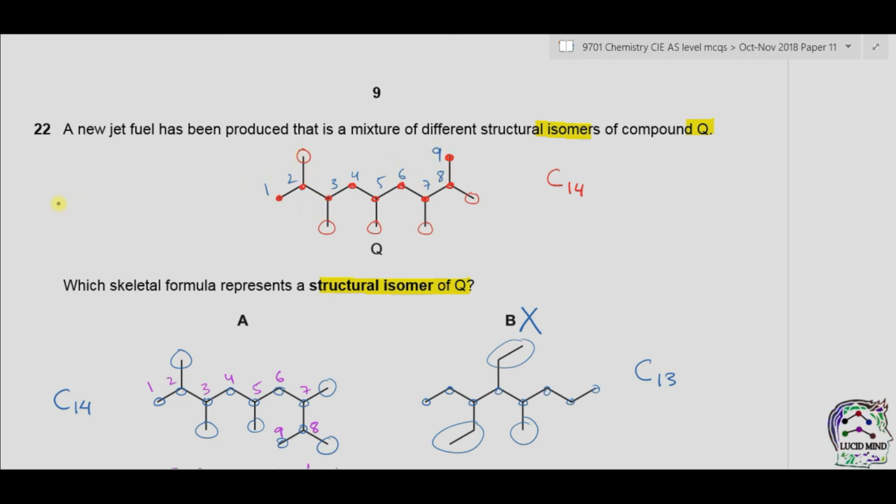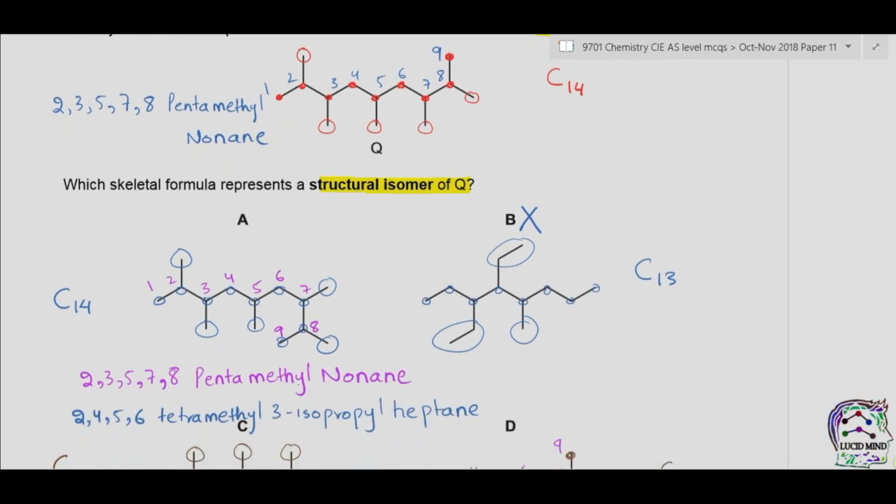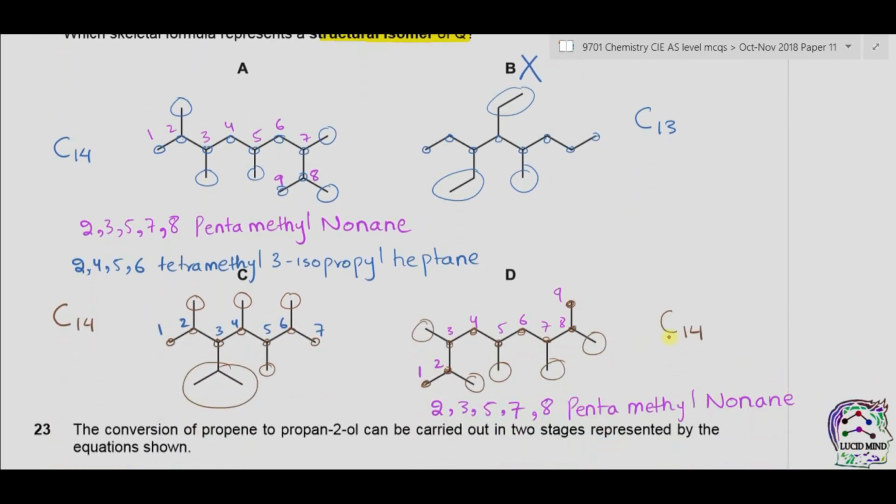On 2nd, 3rd, 5th, 7th and 8th we had 5 methyl groups, pentamethyl, and the long chain was of 9 carbon, so we can write nonane. So as we can see, A is similar to the one given in the question, similarly D is the same, so C is the only one that is an isomer because its structure is different.